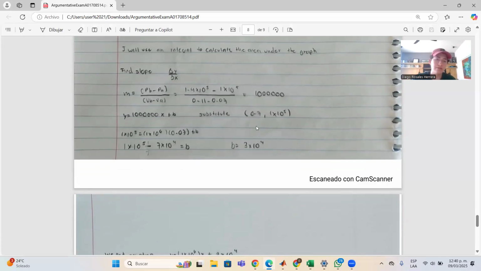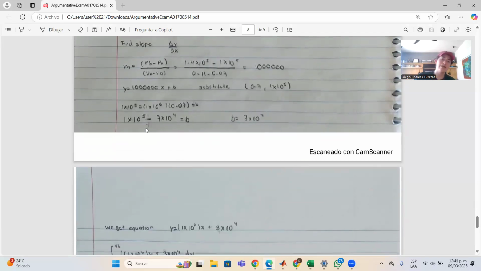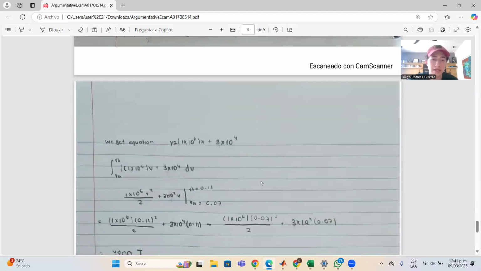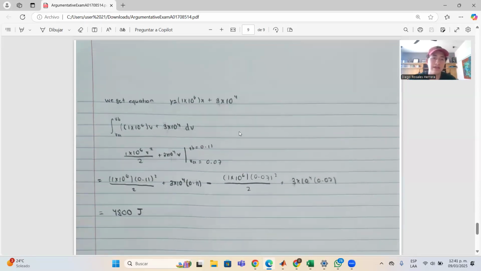M is this result that we get, and we substitute the point 0.7, 1 times 10 to the power of 5. This point I substituted into the equation in order to get b, and b is calculated as 3 times 10 to the power of 4. And lastly, I place b and m into the equation, so I get this equation of the line.